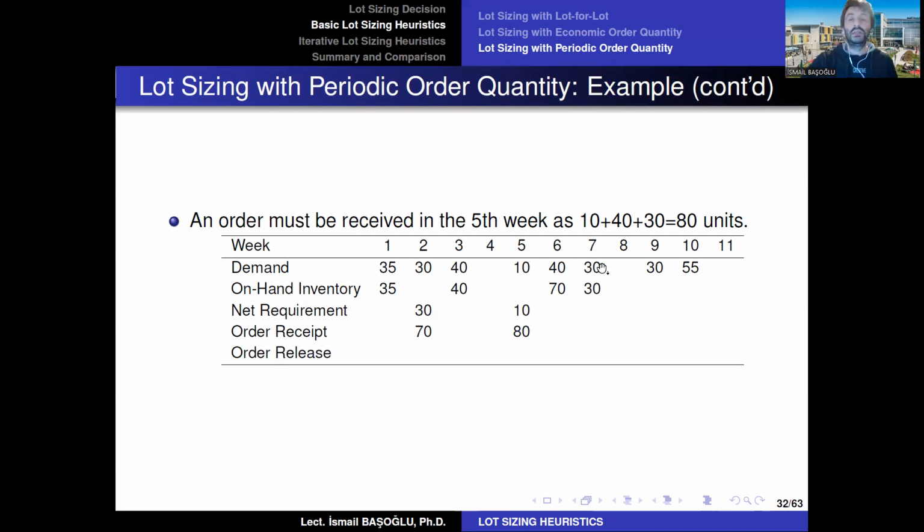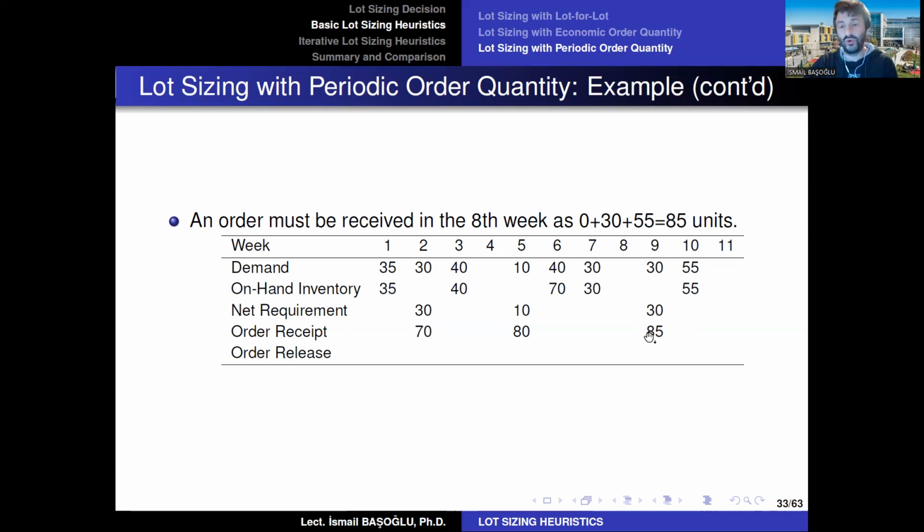Okay. Now we move to the next week, but next week there is no net requirement. So this means the first net requirement this time will be observed in the 9th week, which is obviously 30 units. And we will be planning an order receipt at this point.